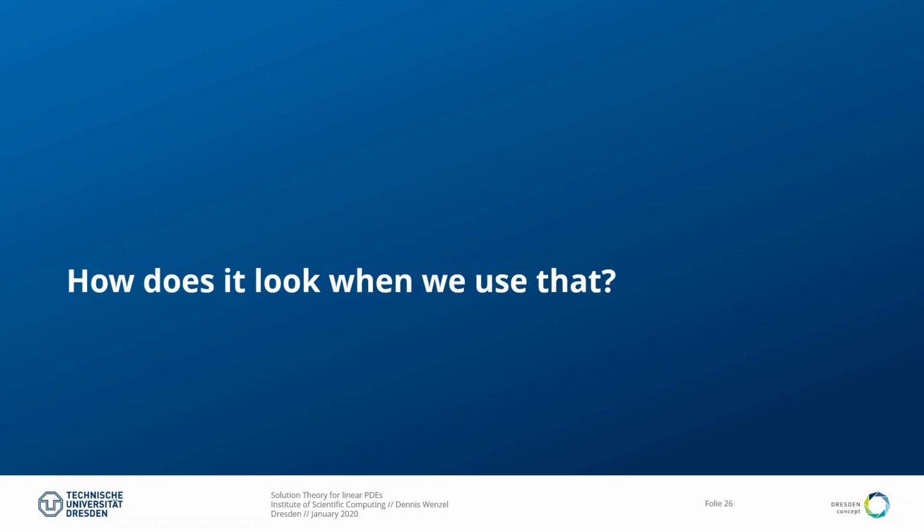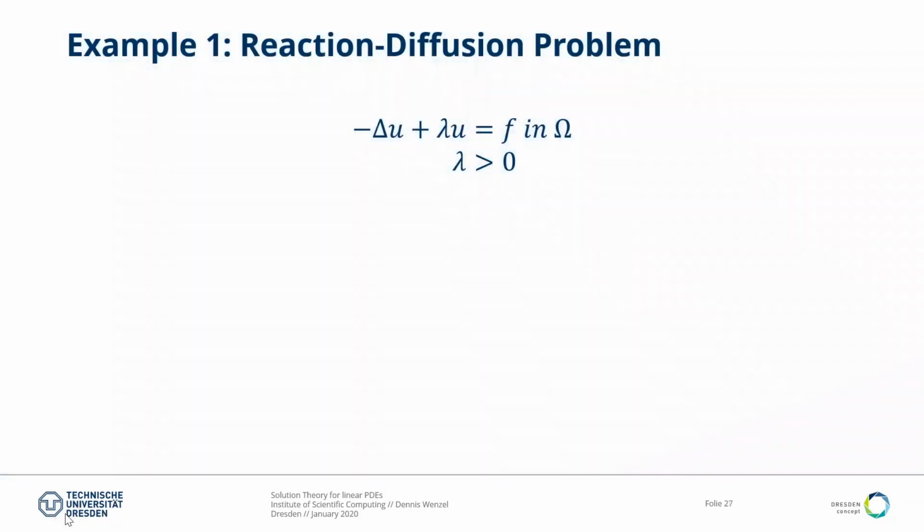Now, after discussing all those preliminary ideas of the general setting and the way this gives us the Lax-Milgram lemma, we now need to look at the actual practical examples. How does this look when we use it, or how does this help us? And for this, we simply start with example 1, the reaction diffusion problem.